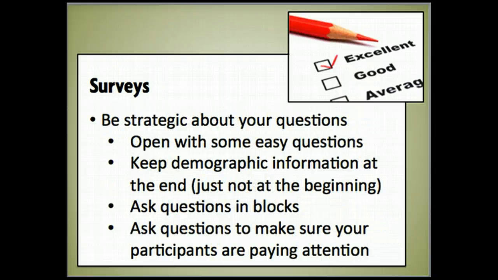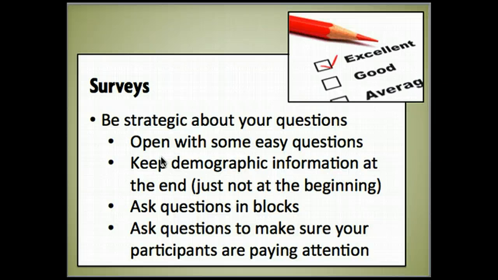Some other tips I can provide when it comes to constructing surveys involve the idea that not only do you need to be strategic about your questions, but you also need to be strategic about the order in which you ask them. Oftentimes, you want to open up with some easy questions that still get at the core information that you need.